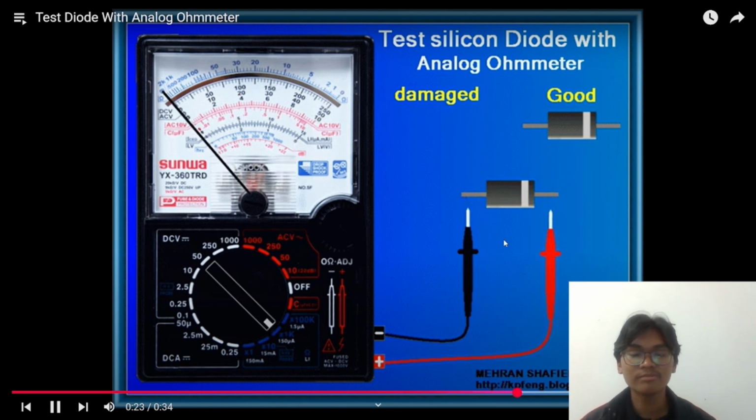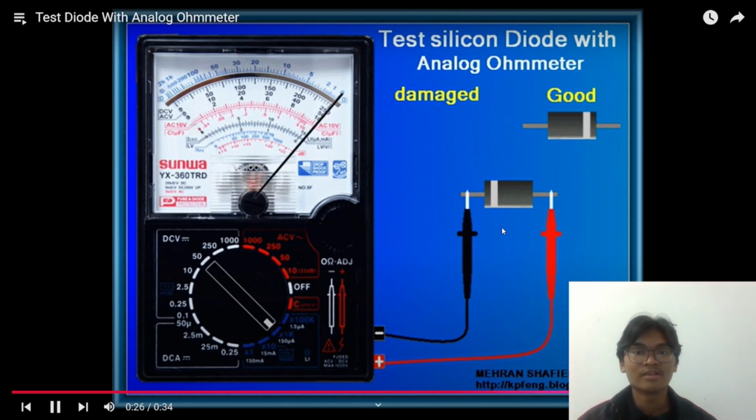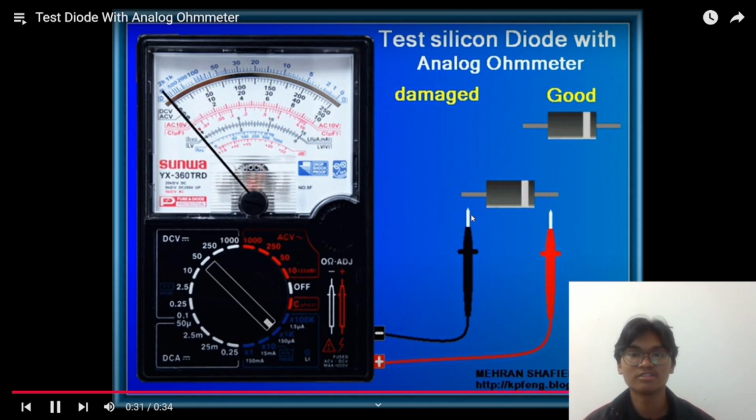And we do the same with this one. We touch the positive anode with the positive probe and the negative cathode with the negative probe. As you can see, the reading will also be zero. That indicates that this diode is damaged and is not usable.